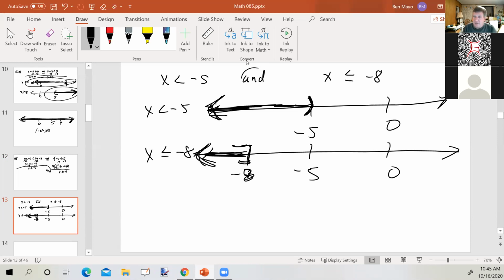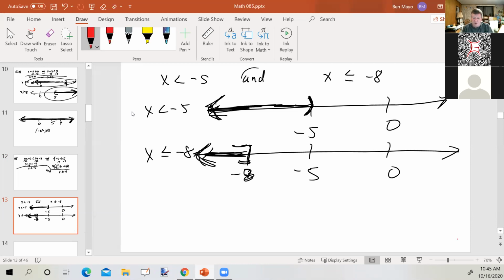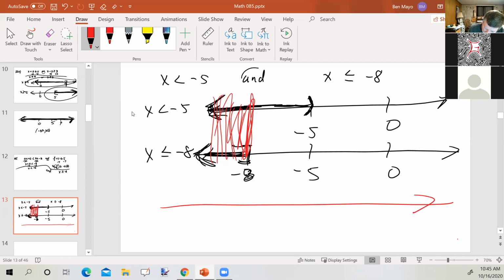Now, and means intersection. Where do they intersect? Well, the first one is everything below -5. The second one is -8 and below. So they intersect up to and including -8. So our graph would look like this.